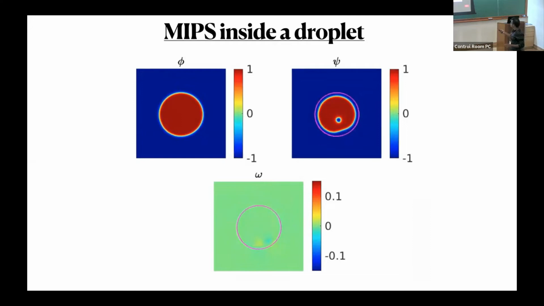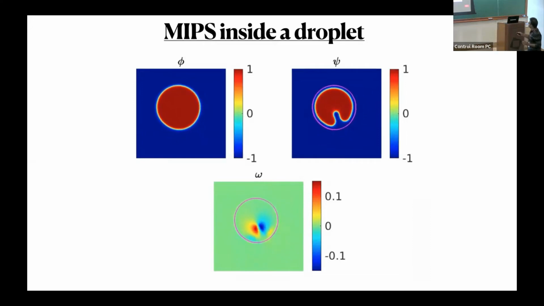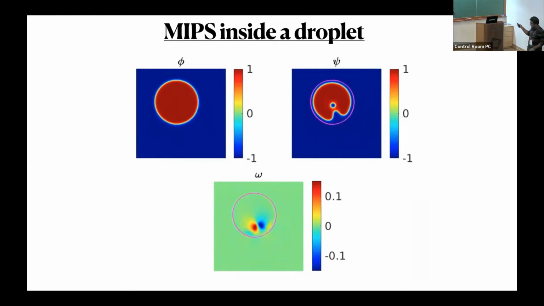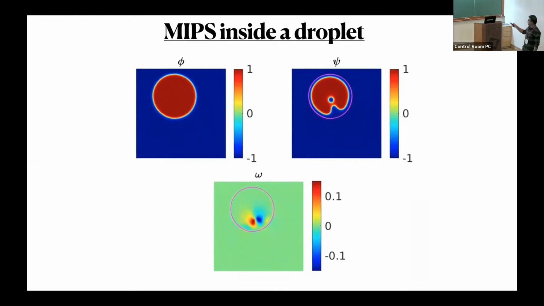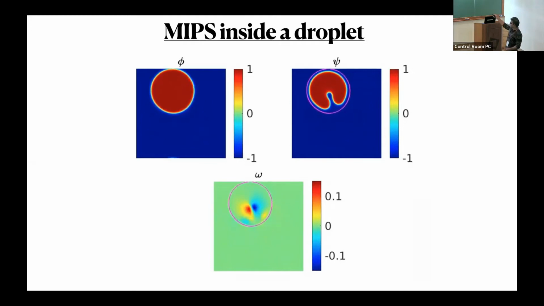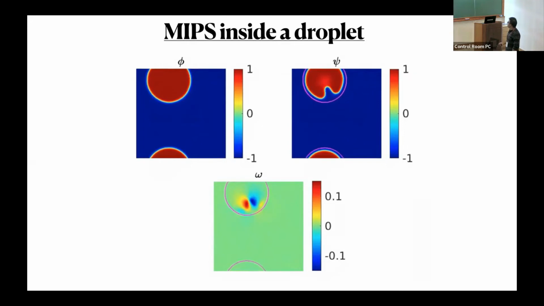So phi is my representation of the droplet binary fluid mixture, and psi is an active scalar field, where 1 is the dense region and -1 is the dilute region, and omega is the vorticity field here.